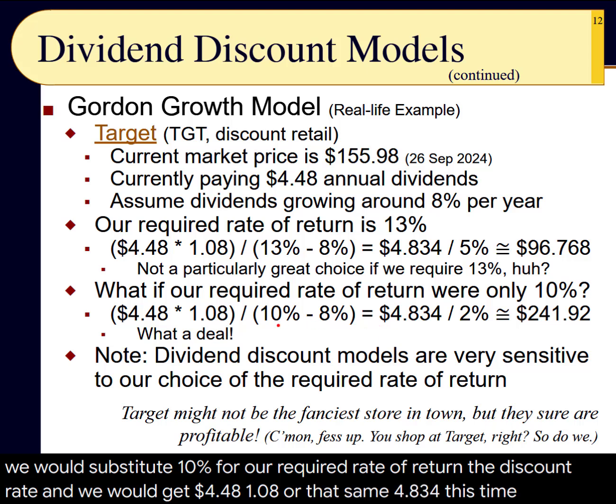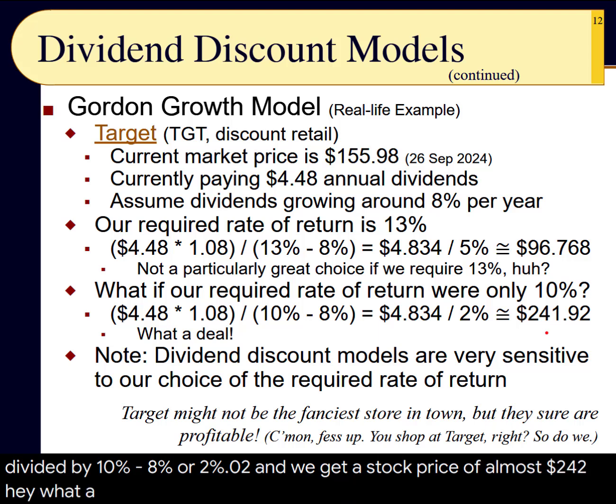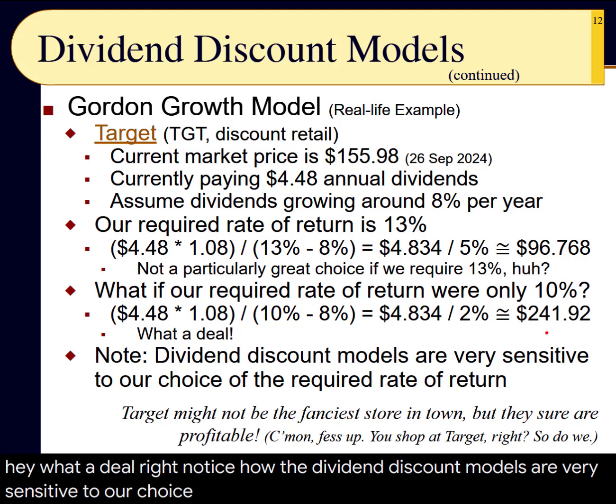This time we would divide it by 10% minus 8%, or 2%, 0.02, and we get a stock price of almost $242. Hey, what a deal, right? Notice how the dividend discount models are very sensitive to our choice of the required rate of return.